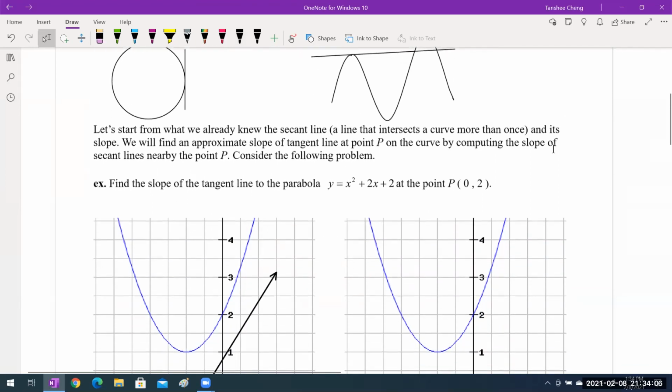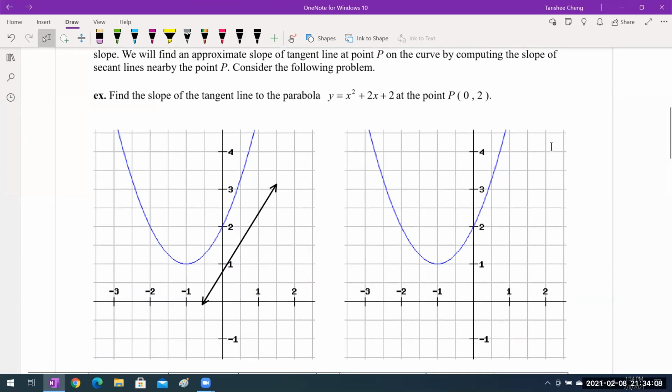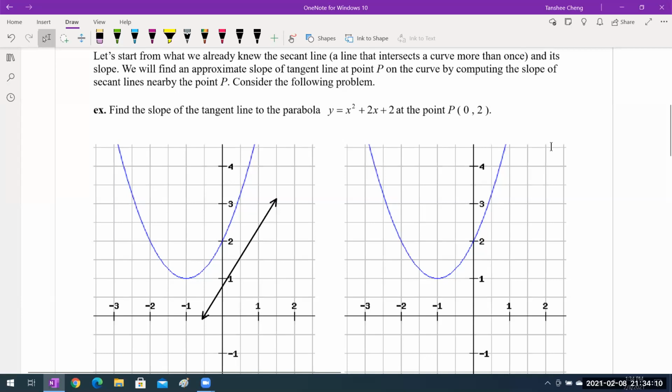Looking at this parabola, we want to find the slope of the tangent line at a point P. The point P is (0, 2), which is right here.